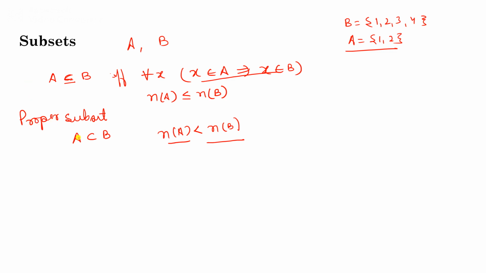If it is a proper subset, then obviously it will be a subset. Whenever we say subset, there is a chance that the number of elements in A may be equal to the number of elements in B.